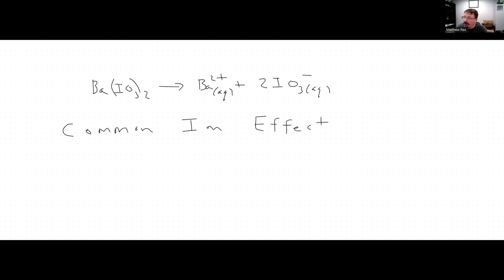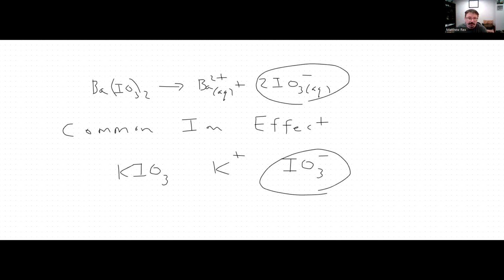So I'm looking for a salt that has an ion in this, and the only one of these would be the potassium iodate, because when that dissolves, we get these 2 ions, and there's my ion in common. So that would reduce the solubility of that salt.